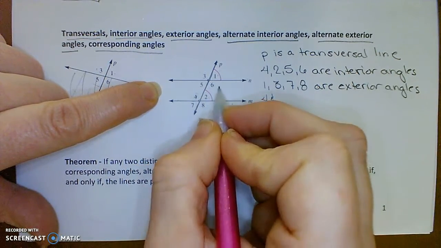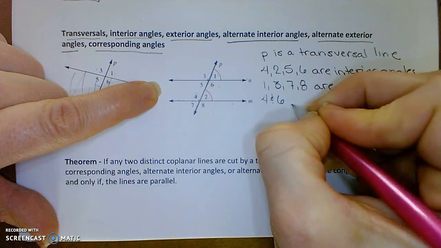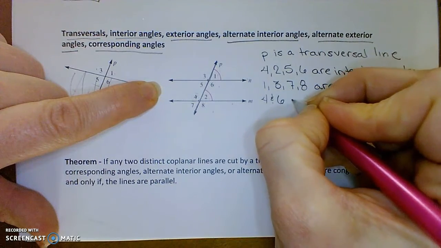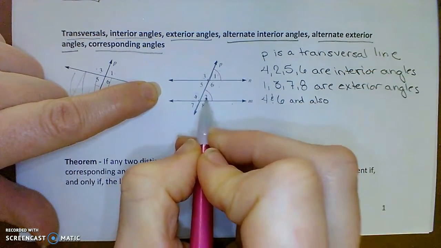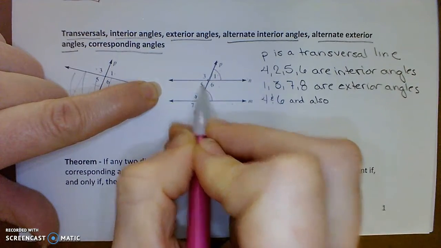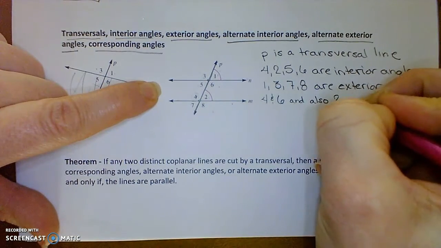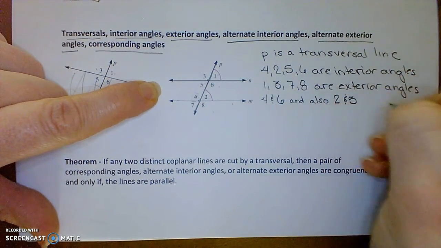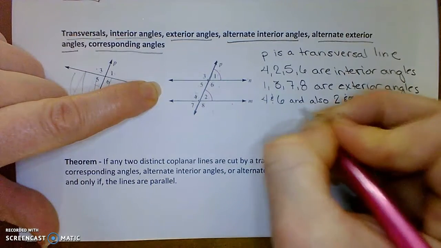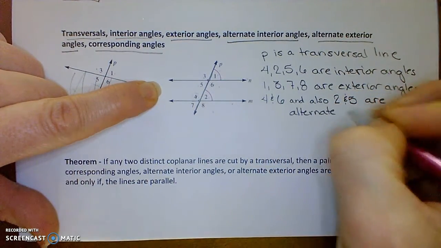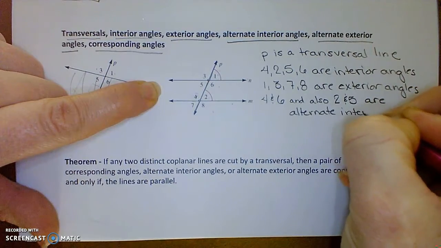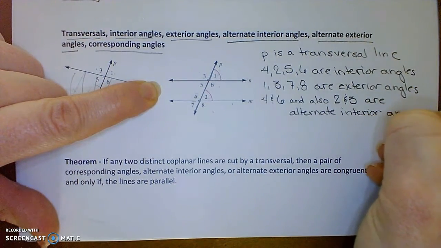So 4 and 6, and also angle 2 and angle 5. These are called alternate interior angles.